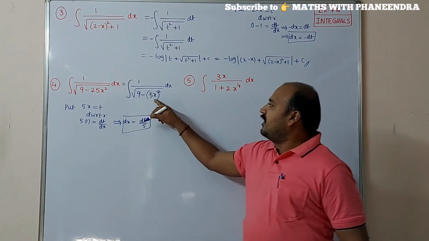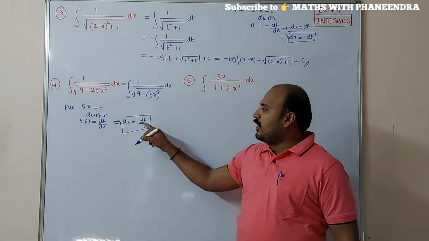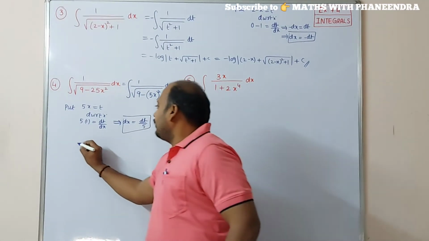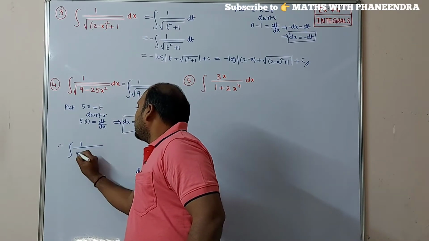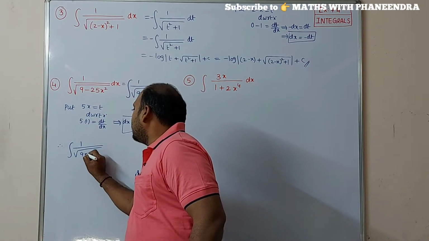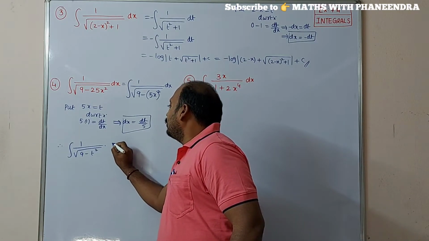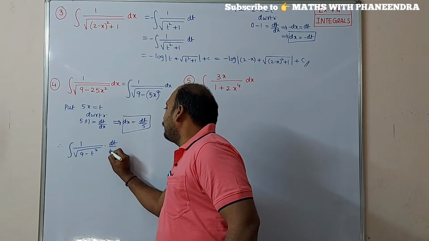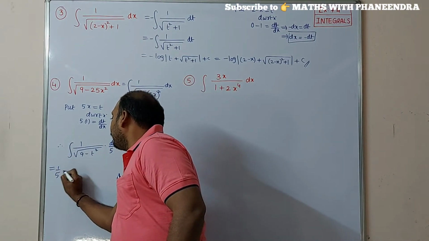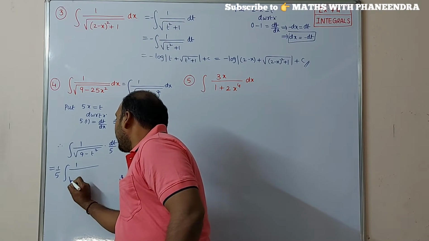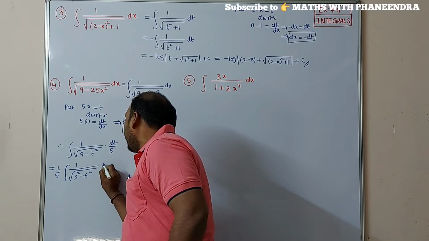So wherever 5x is there, you have to replace with t, and wherever dx is there, you have to replace with dt by 5. Therefore, the given integral will become integral 1 by square root of 9 minus t square into dt by 5. So 5 we are taking out, 1 by 5, integral 1 by square root of 9 can be written as 3 square minus t square into dt.